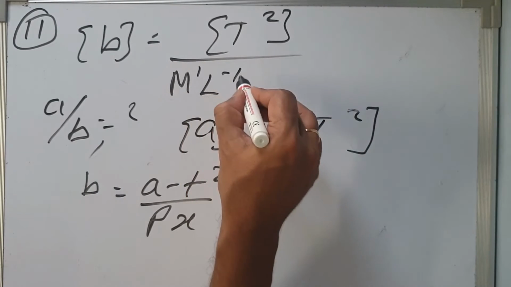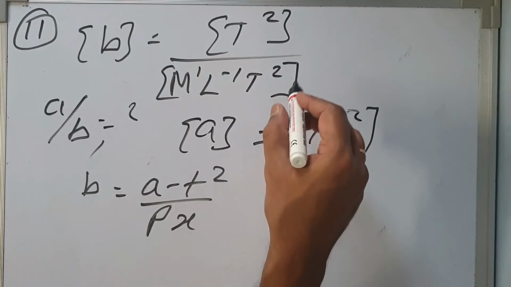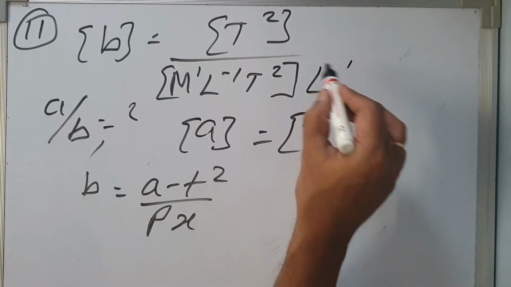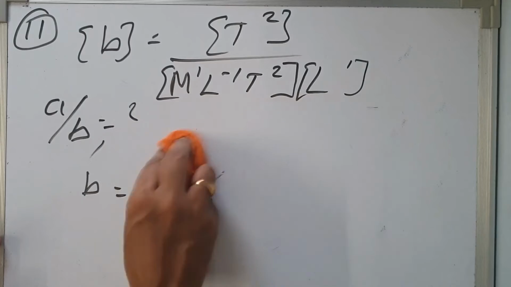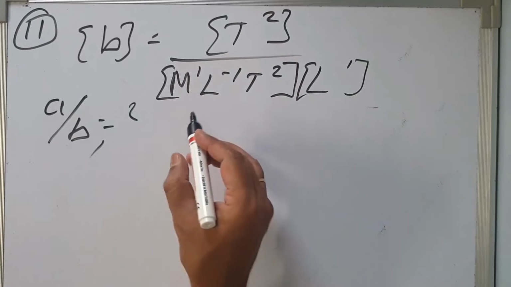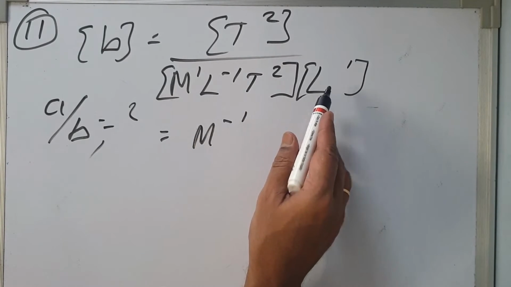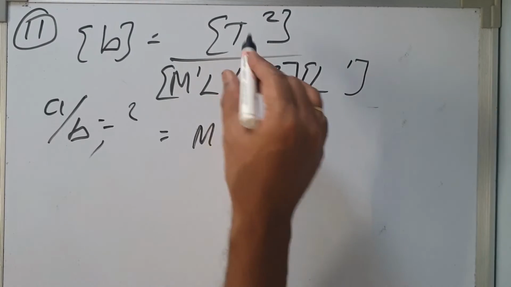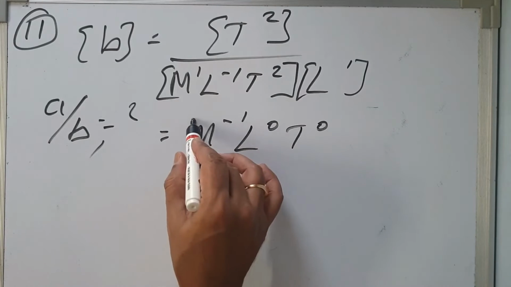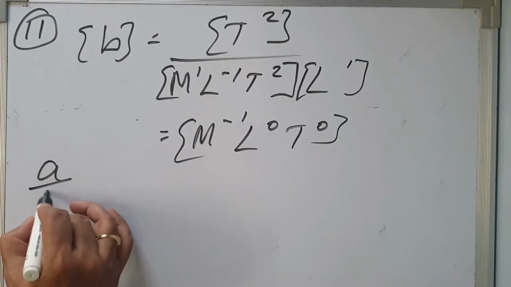M1, L minus 1, T minus 2, into X, which is distance, L1. Remember that we have A dimensional formula as T squared. Now what is this? B has M minus 1, L minus 1, L1, it becomes L0. This also T0. This is that of B.